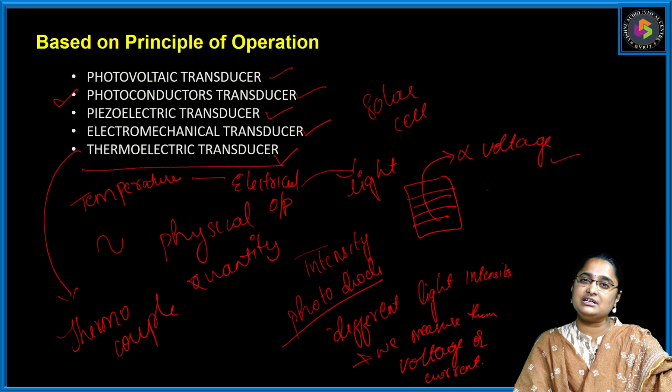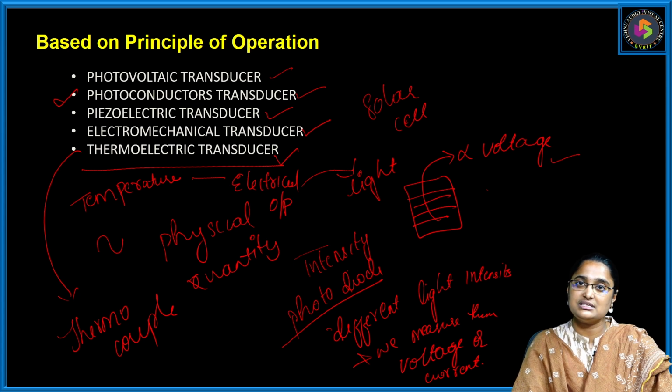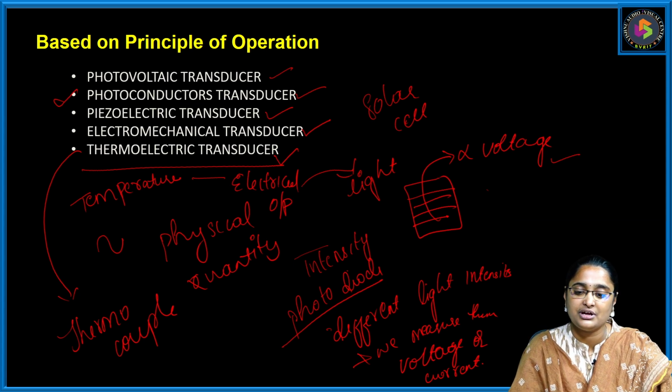The two different temperatures at these two junctions cause electricity to be induced in that circuit. So it is because of the temperature gradient along that wire that we get electricity as output. Electrical parameters like current or voltage can be obtained from thermoelectric transducers.